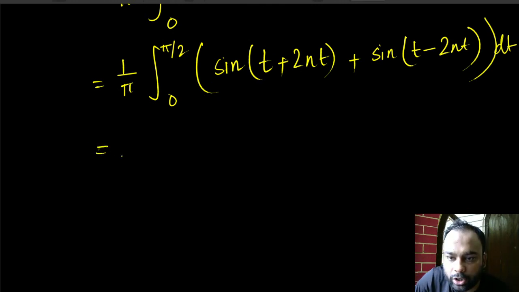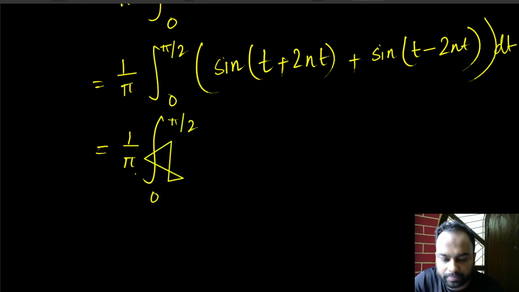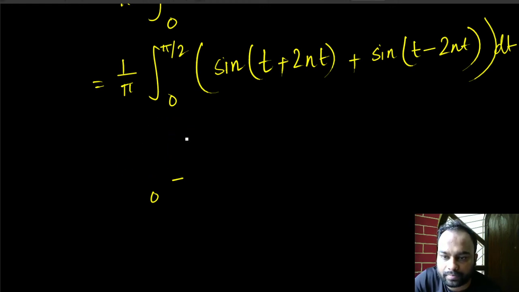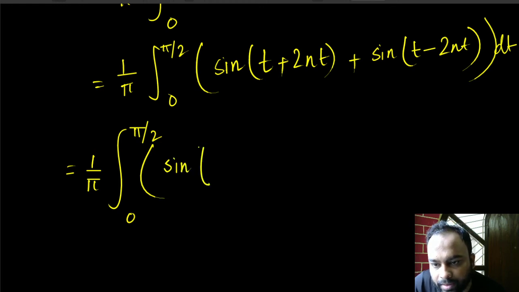So with that said, it's going to be 1 by pi, and look at this very carefully. So 0 to pi by 2, let me clean this up. So this is going to be 1 by pi integration from 0 to pi by 2, and I have sine of 1 plus 2n t, right?